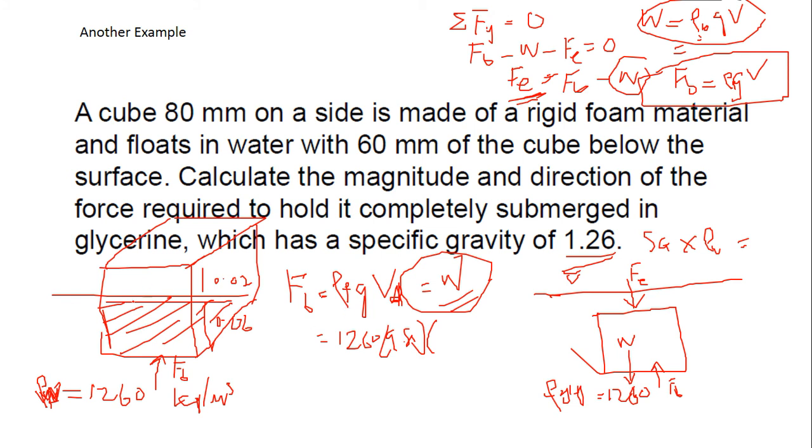Now for the floating case, we can find the FB, which is equivalent to W. Find the FB in the water.